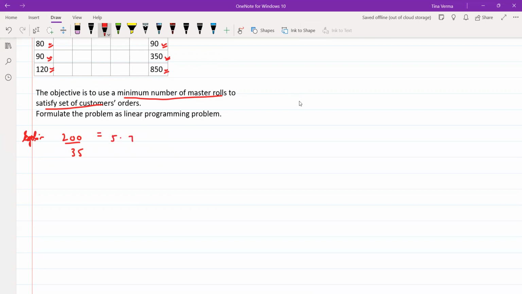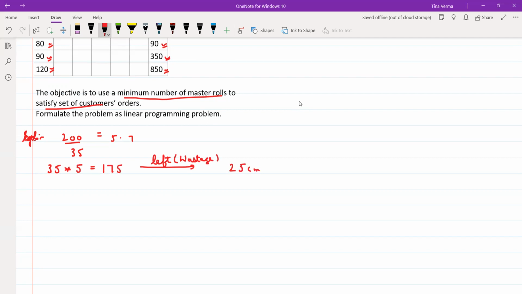That means 200 में से आप 35 सेंटीमीटर के मैक्सिमम कितने रोल कट कर सकते हो, 5. So if you are cutting 35 centimeter as 5 rolls, आपने कितनी sheet use करी, 175, and the left one, or the wastage, is 25 centimeter. Is it clear?